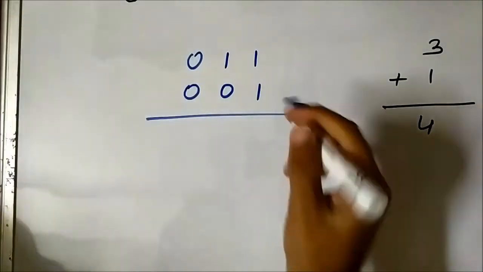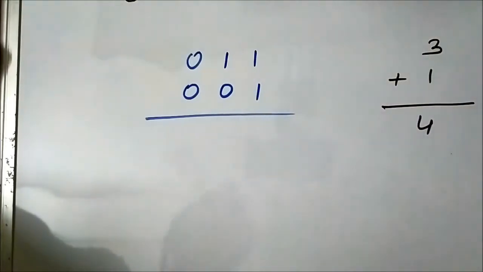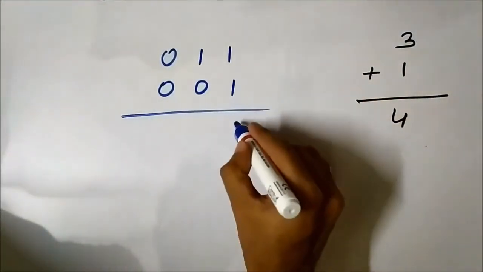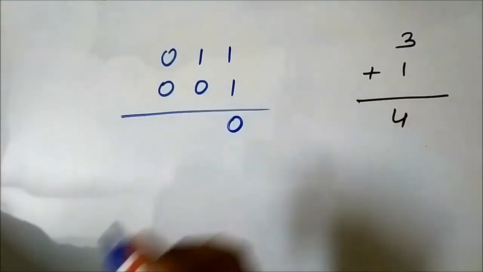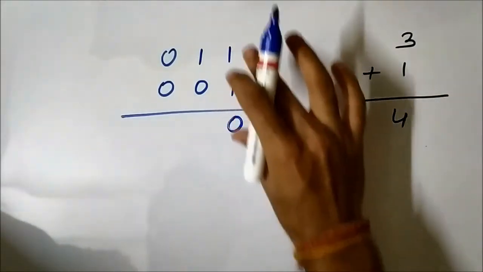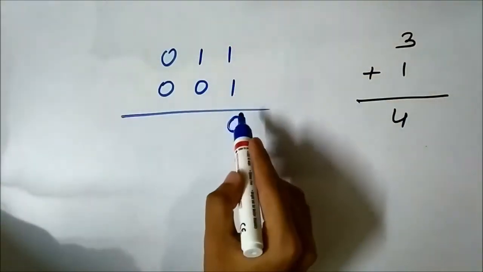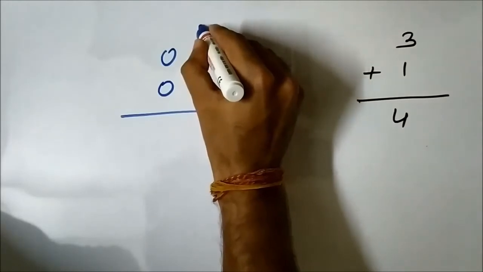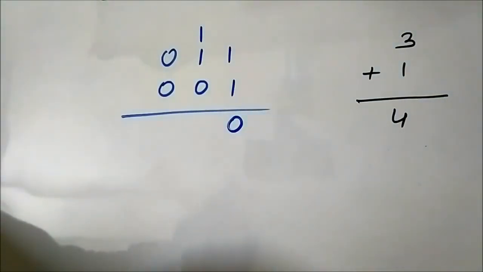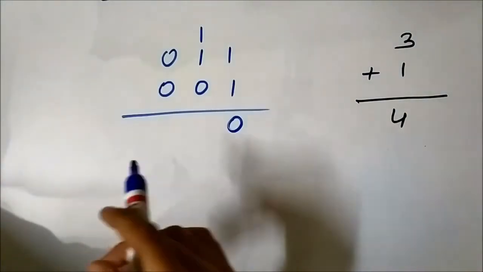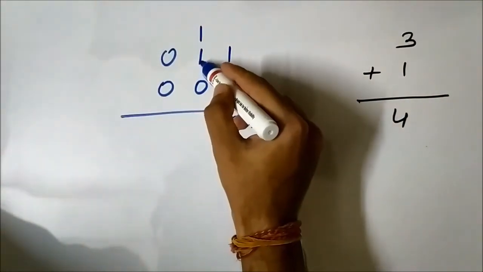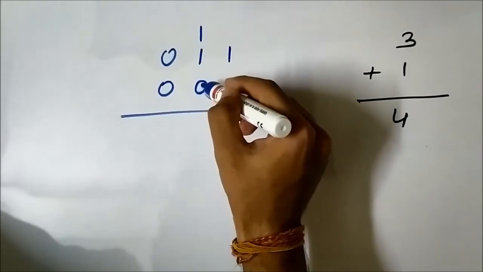Here 1 plus 1, the result will be 0 in the same bit position, and a carry of 1 will be generated to the next significant bit. Again here 1 plus 0 is 1.